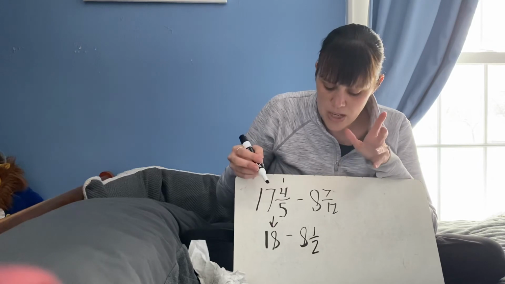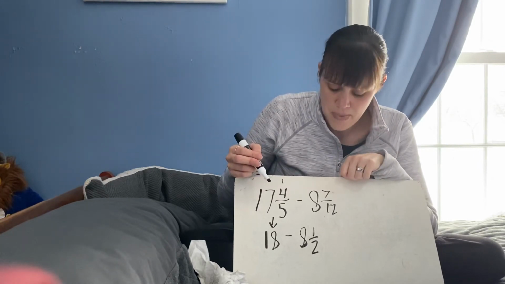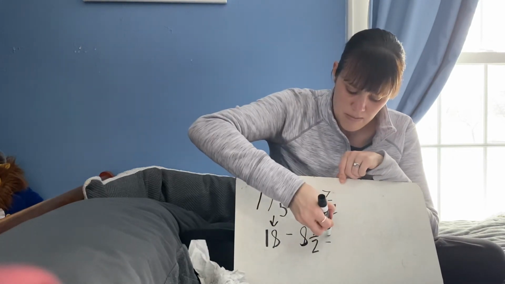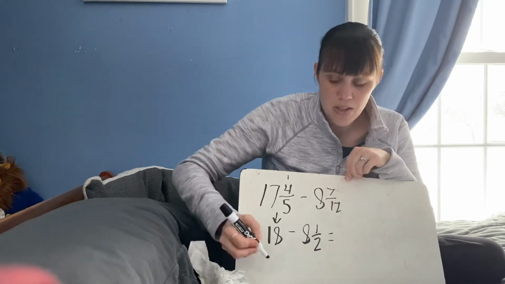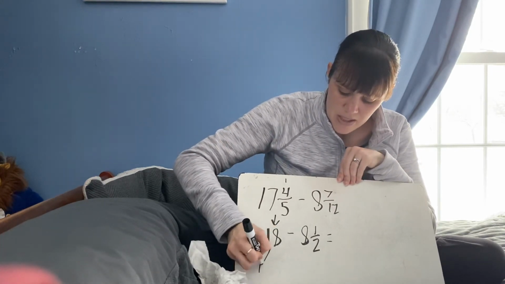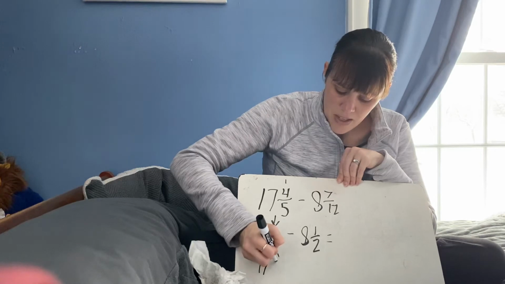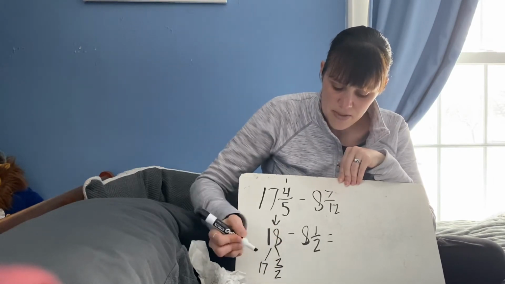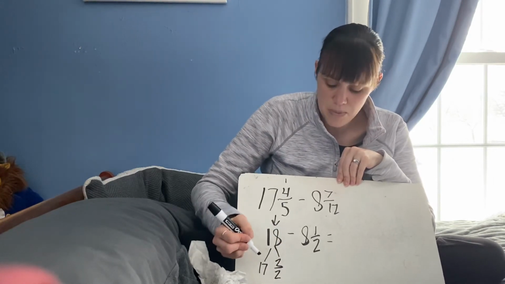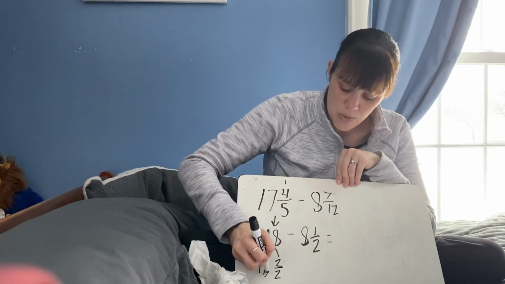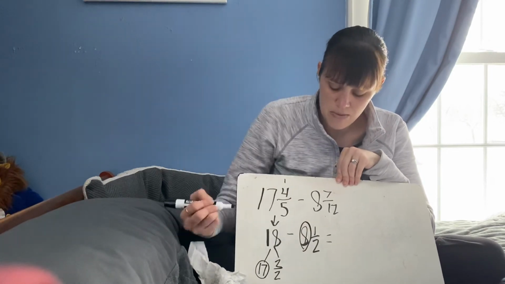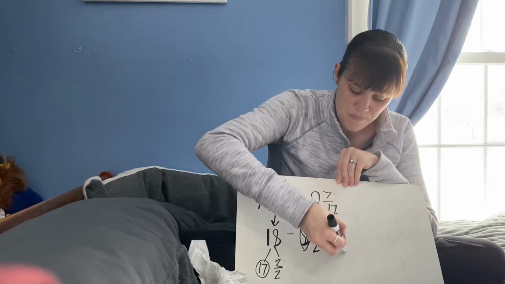So how do I subtract this? How do I take this away? Well, we can do our little trick, this is 17 and this is 2/2. Look how fancy I'm getting right now. And then we can do 17 minus 8. What's 17 minus 8? That's 9.